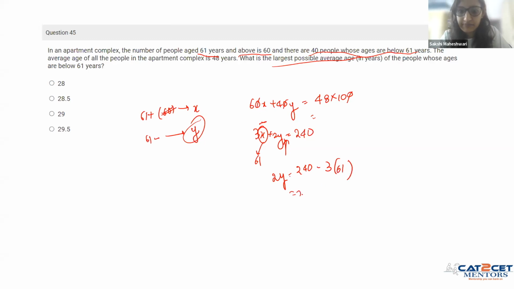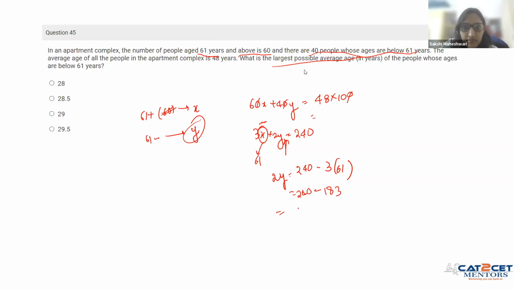If you put x equals 61, 2y is equal to 240 minus... how much will this be? Have we made a mistake here?